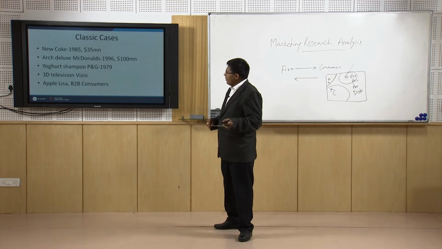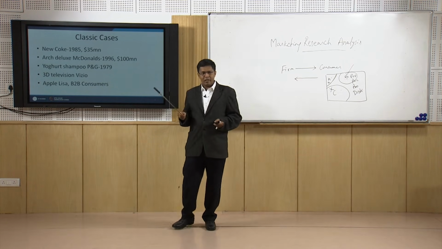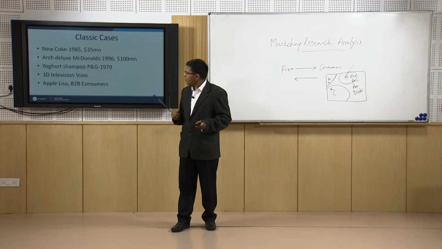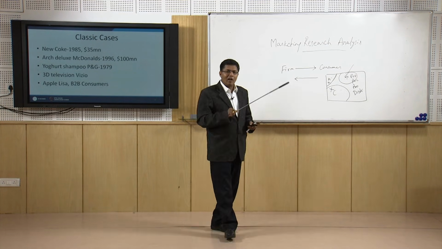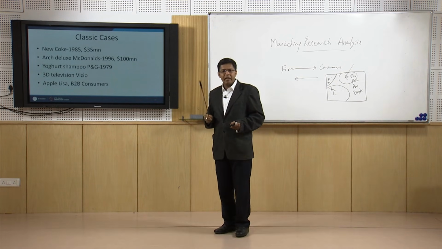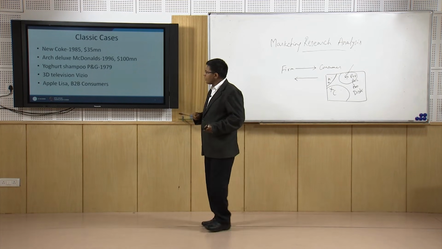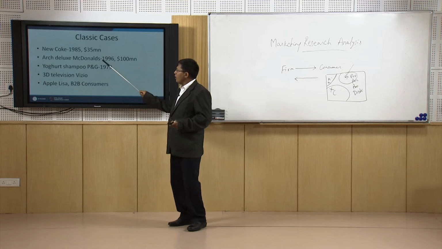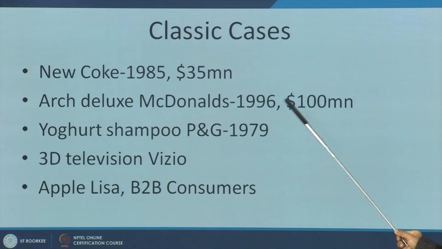So, they launched a premium priced burger, but the adults did not like it. They were not ready to pay a higher price, they disliked the product, they thought they were being treated like a child, they discouraged it, and in the whole way McDonald's lost $100 million in the year 1996.